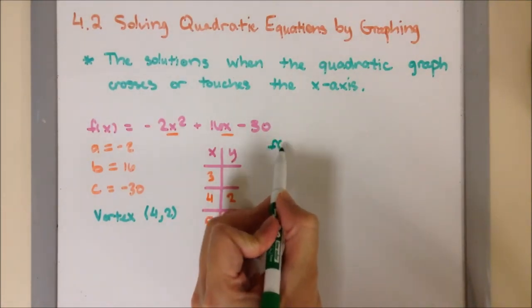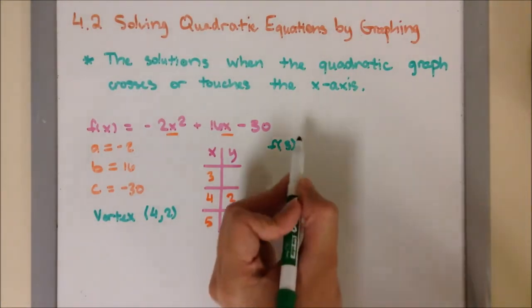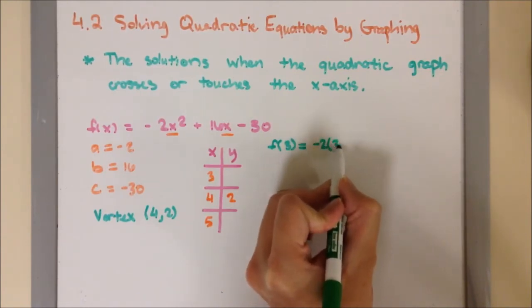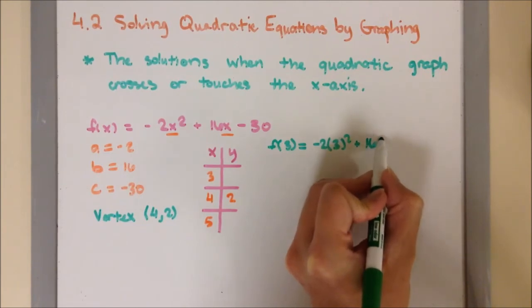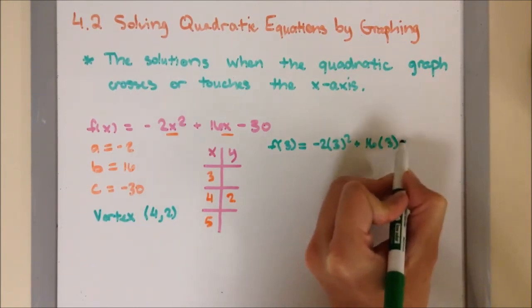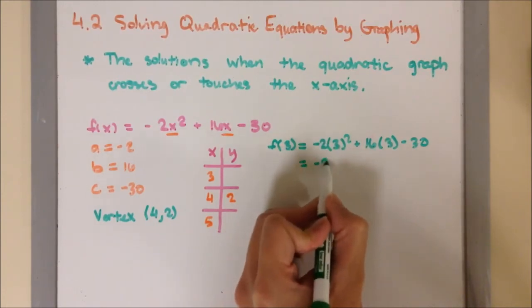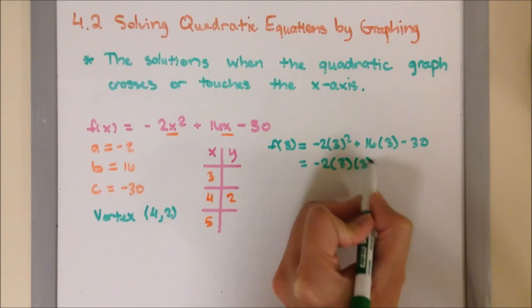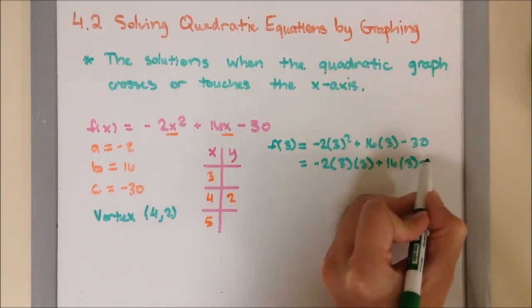So f of 3. Now if you understand the whole process, you can skip forward and then check your answer with mine. So negative 2 times 3 squared plus 16 times 3 minus 30 equals negative 2 times 3 times 3 plus 16 times 3 minus 30.